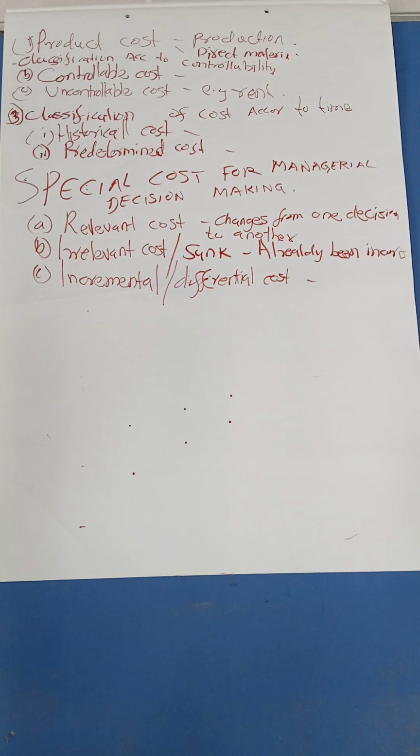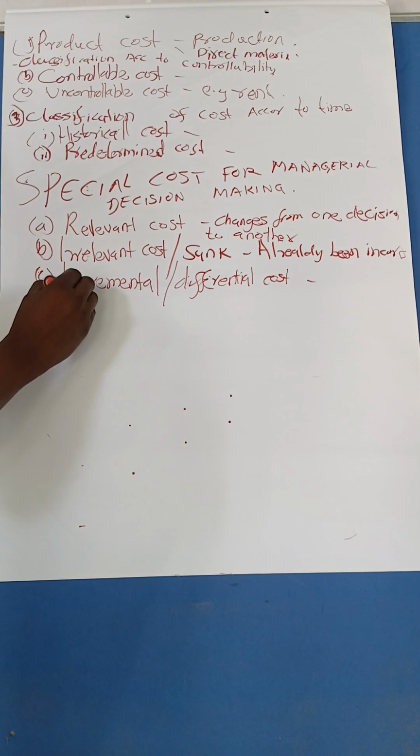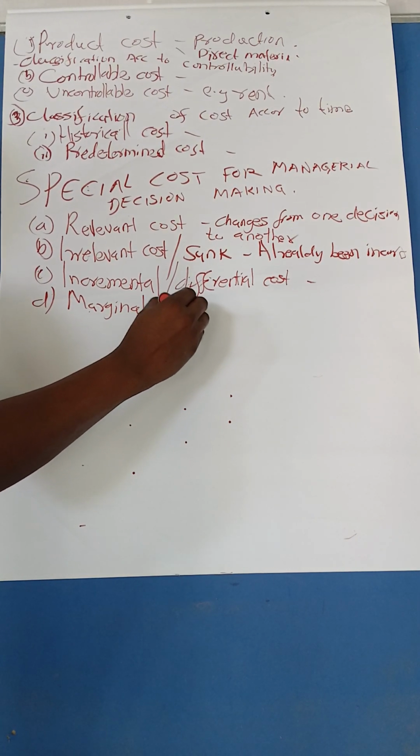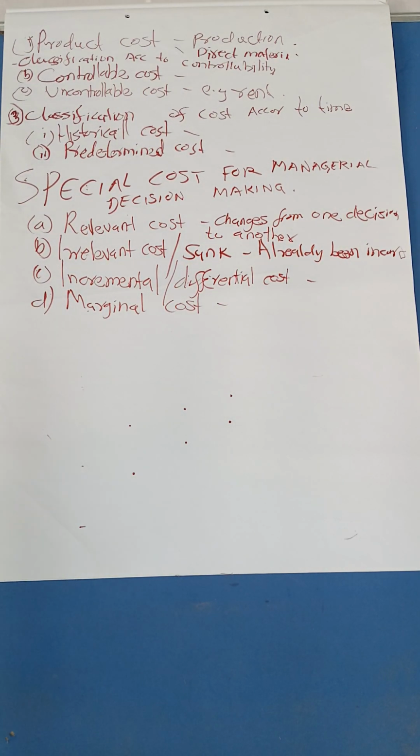We have marginal or variable cost. Marginal cost comes in when the management wants to produce maybe an extra unit of commodity. Maybe they have seen, let us add another commodity compared to what they have been used to.